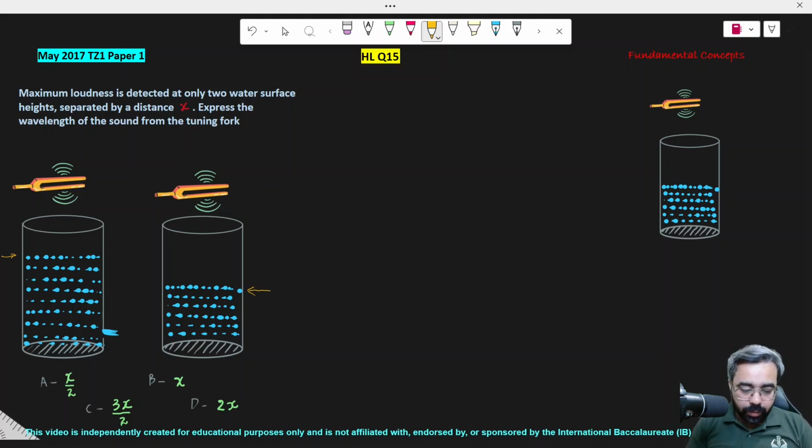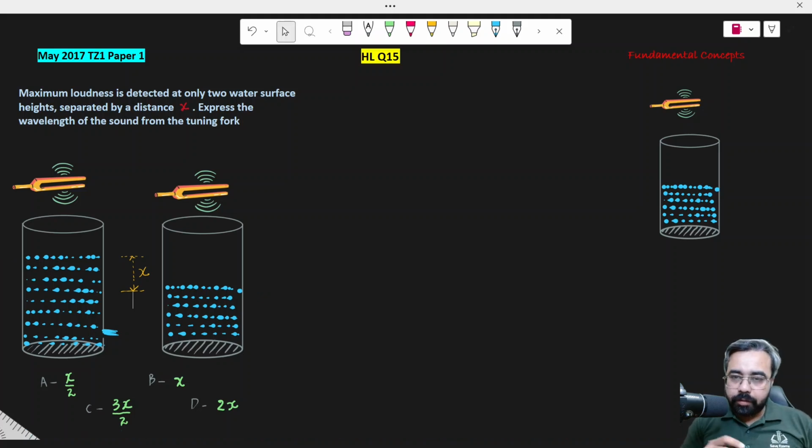In this question, we have to relate the wavelength with the value of x. And the value of x is actually this distance between these two positions. So if this is x, then how is the wavelength of the standing wave related to x? But first, I will insist you kindly understand how a standing wave is actually produced.